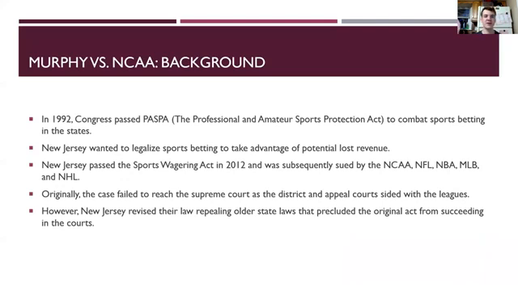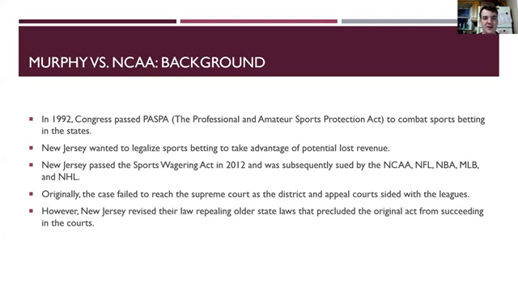Moving on, though, the Murphy versus NCAA case is about sports betting. In 1992, Congress passed PASPA, or the Professional and Amateur Sports Protection Act, which was designed to combat sports betting in the states.